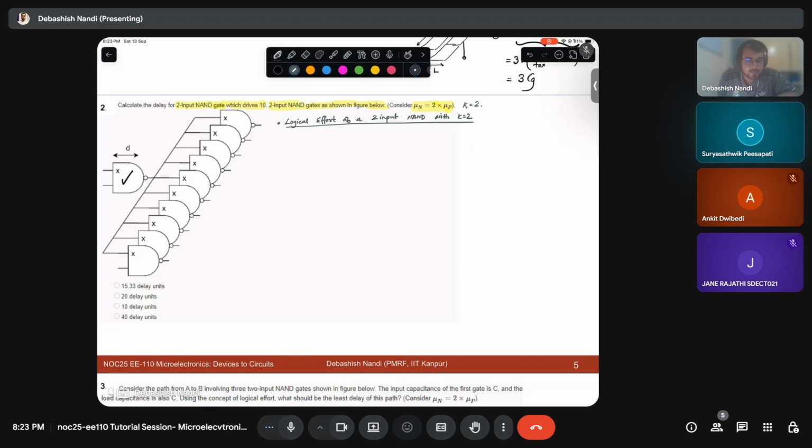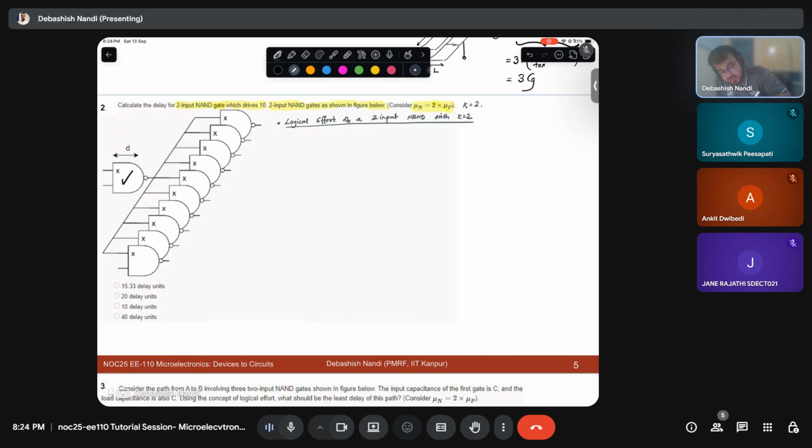So first I have taken C in NAND gate, so WP plus WN CG. We have taken 2-input NAND gates, sir. So what is that? It is 4 CG, sir. Then what is C in and what is 4 CG? C in is the NAND gate in which input is coming, sir.